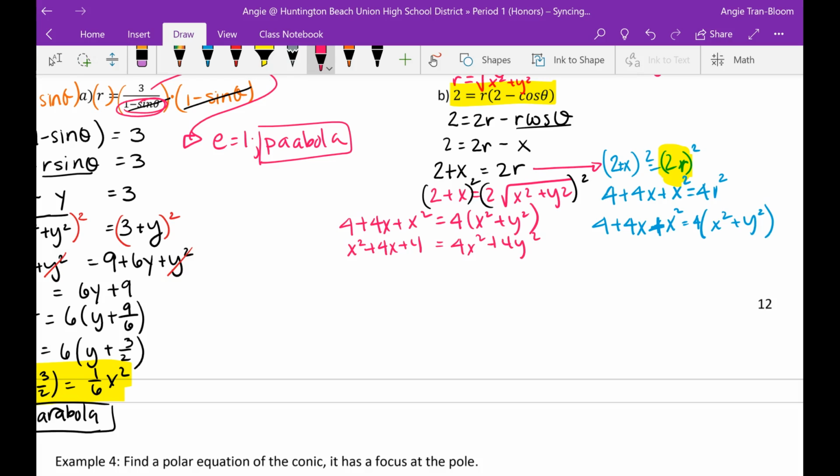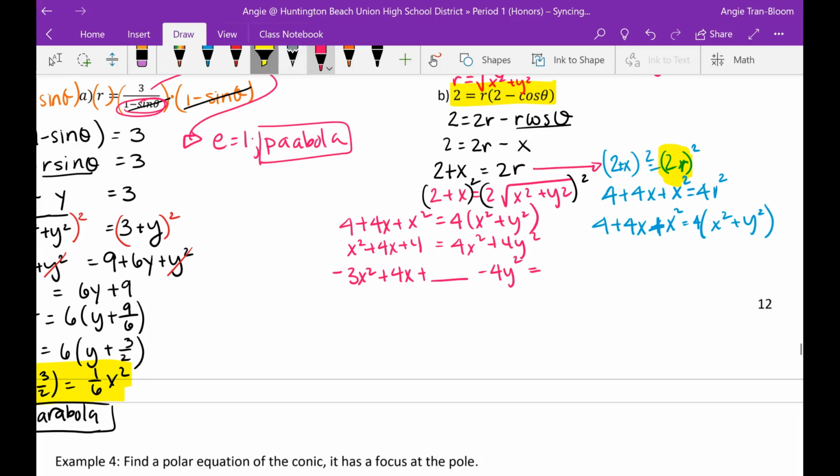I'm going to try to complete the square by combining all x's, okay? So let's go. Move the 4 over, so this is negative 3x squared. Drop down my 4x, okay? Plus a blank space. I will complete the square in a little bit. Move the 4y over, so it's minus 4y squared, okay, equals 2.